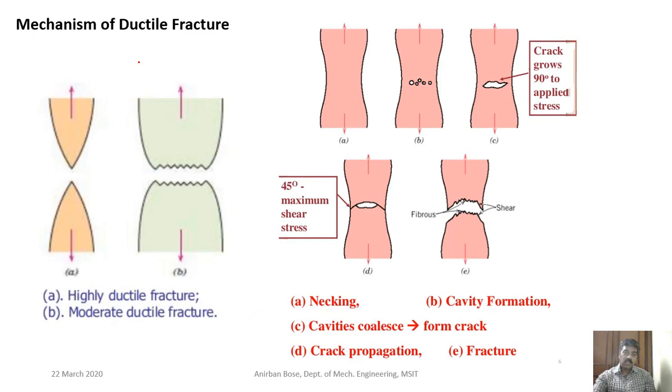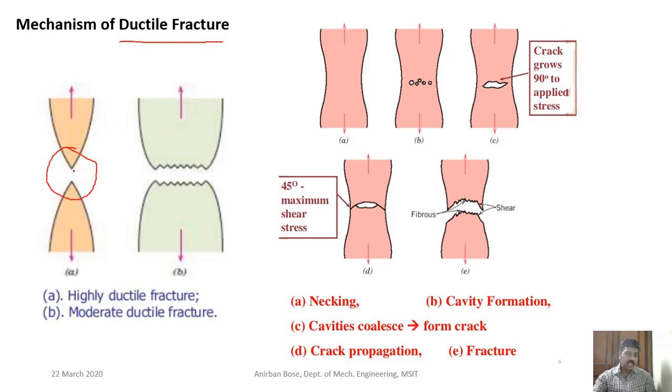Now first we'll see the mechanism of ductile fracture, how ductile fracture occurs. In case of ductile material which is free of any impurities, which is very ideal, but if it is possible that we can make a very pure ductile material, then if we put that sample under tensile testing, we will find that the fracture is taking place like this.